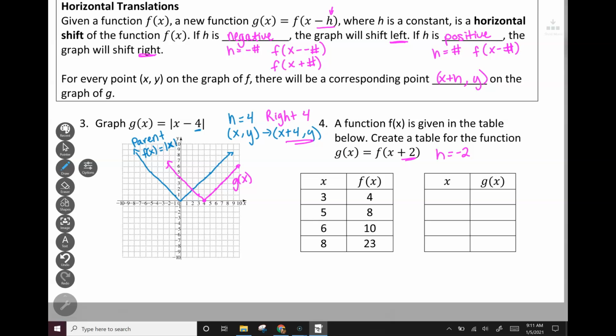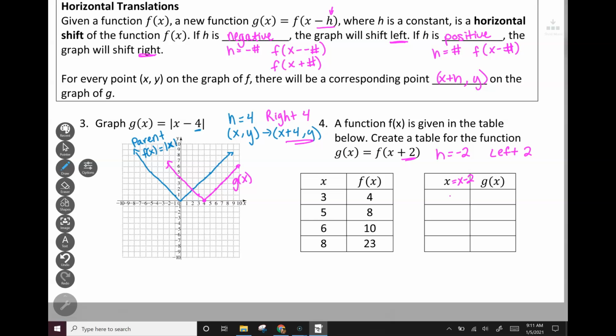So if h is negative, then to get my new x values, I just need to do x minus 2. That original x over here minus 2 will give me my new x values. Also, note that this is going to shift your graph to the left 2.